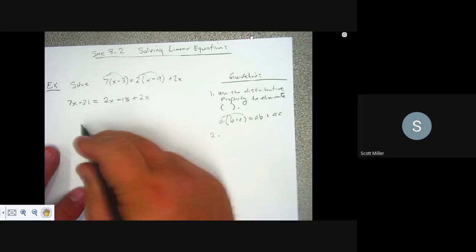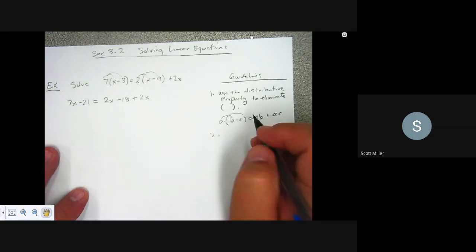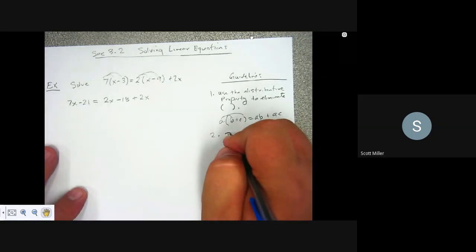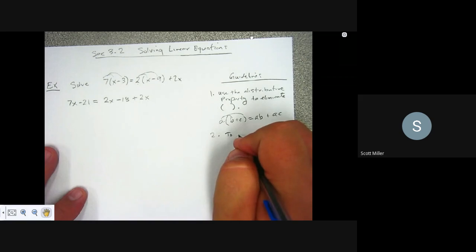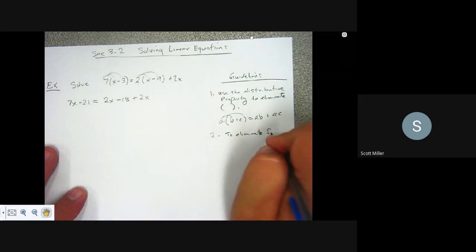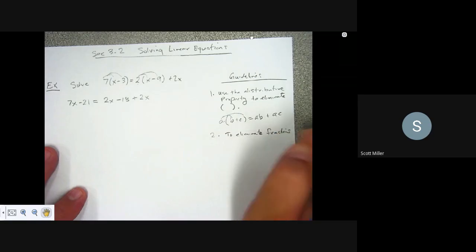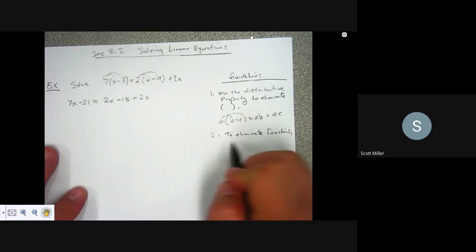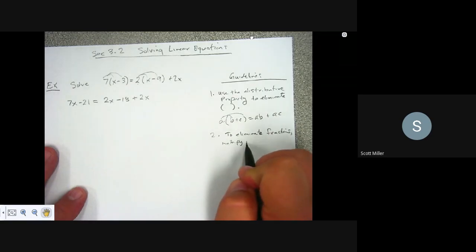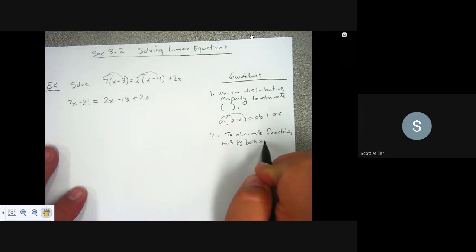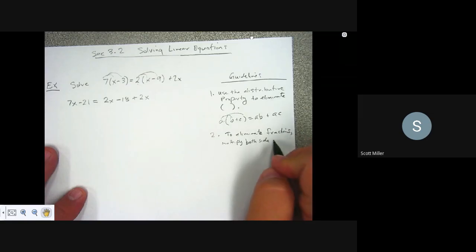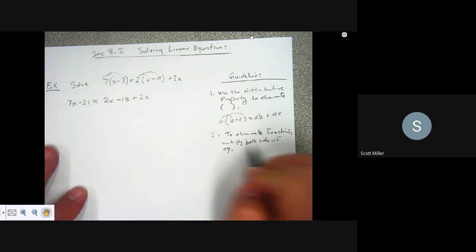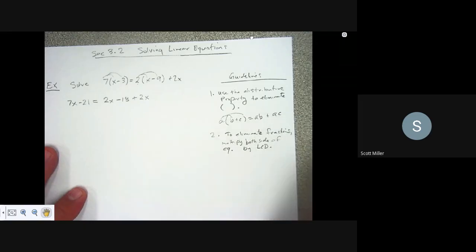Here's a step that is not illustrated in this example, but I'm going to write it in here now for future reference. What if fractions are involved? To eliminate your fractions, you're going to multiply both sides of the equation by the least common denominator.